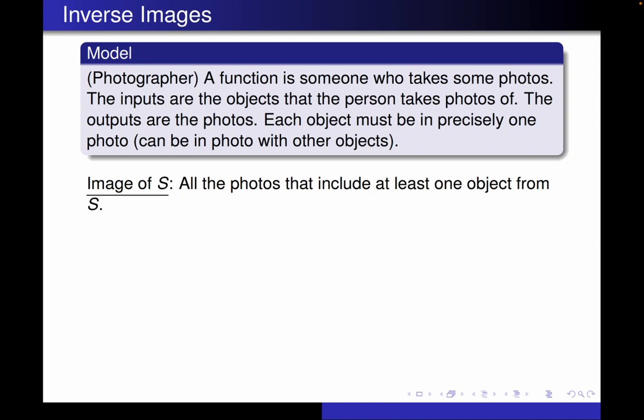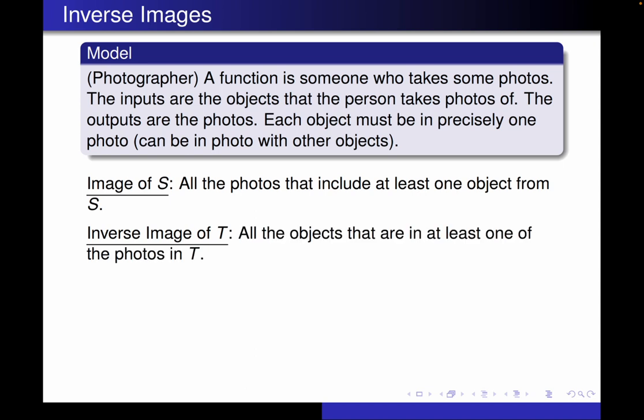Maybe more than one, but at least one. For the inverse image, remember T itself is a collection of photos, and now you're looking for all the objects that are in at least one of the photos. So you're looking through the photos, making a list of all the objects in those photos. That combined list is going to give you the inverse image.